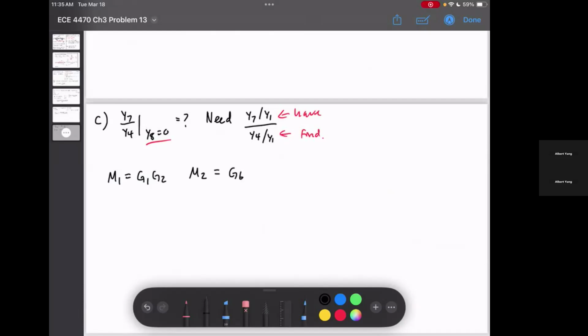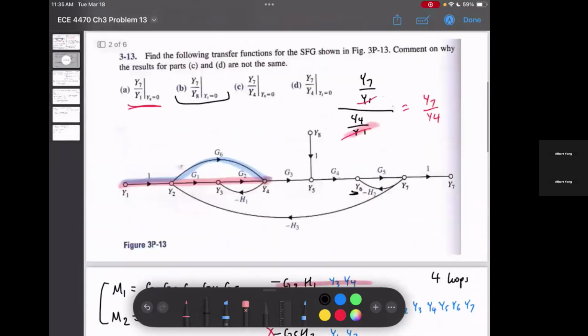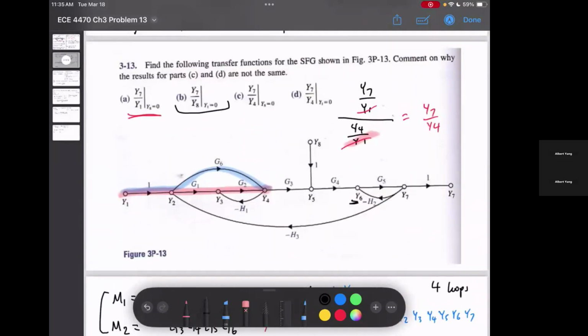Then when we do the deltas for the determinants for these particular ones, we would remove the corresponding forward path and see what loops are left. So for the first one, it would be the G1, G2. So G1, G2 means we need to check for Y2, Y3, and Y4.